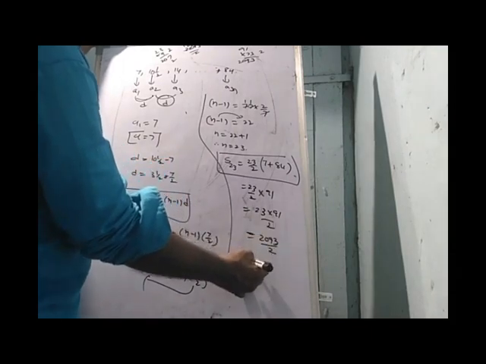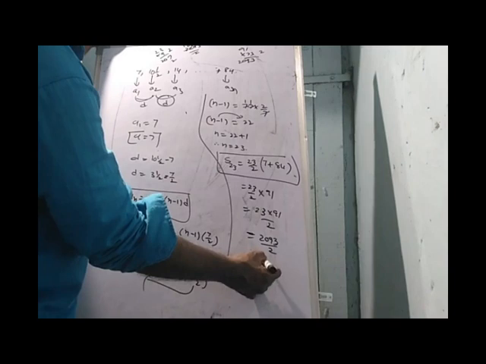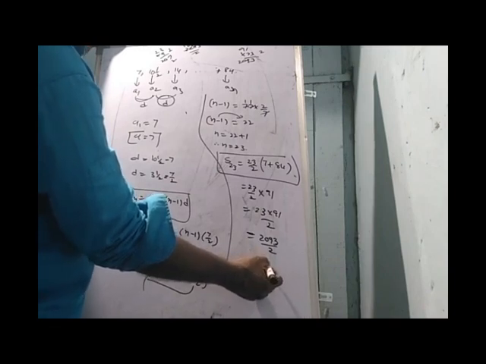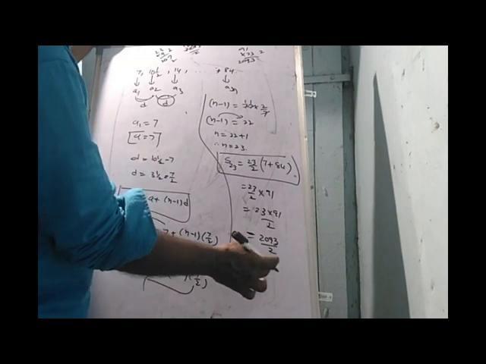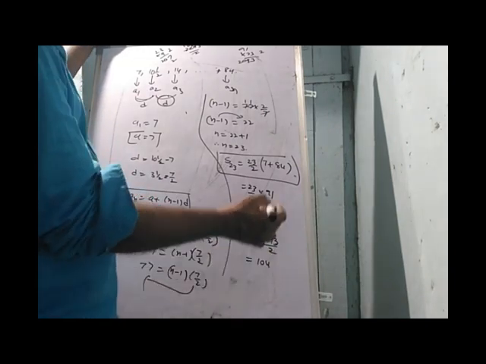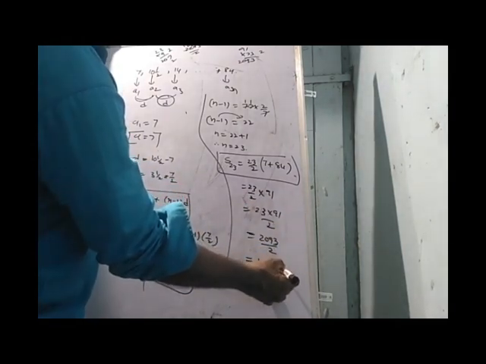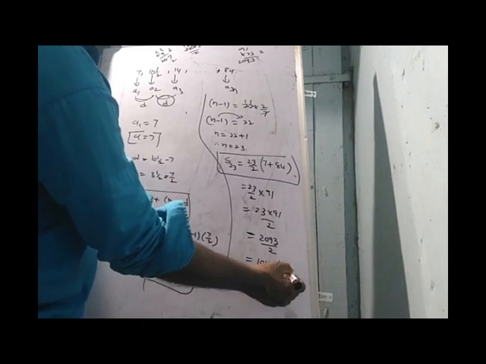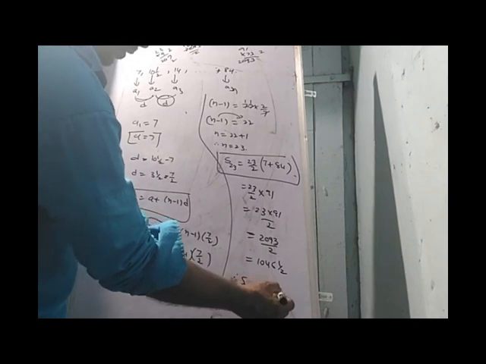So cancellation by 2, we get 1000 and 46 and 1 by 2. The sum of 23 terms is 1046 and a half.